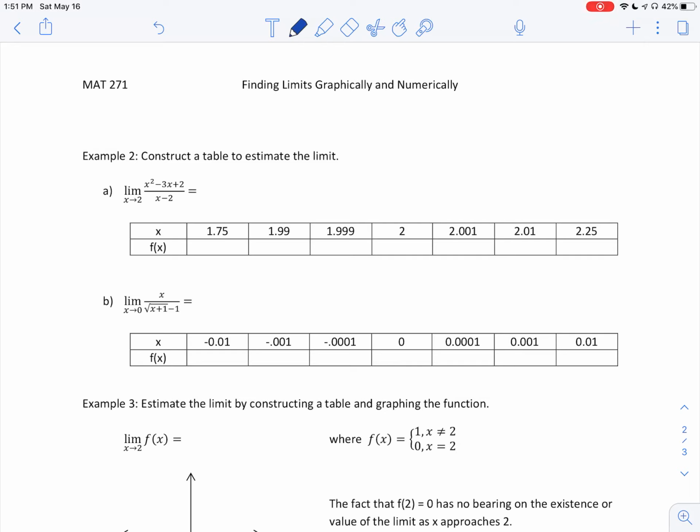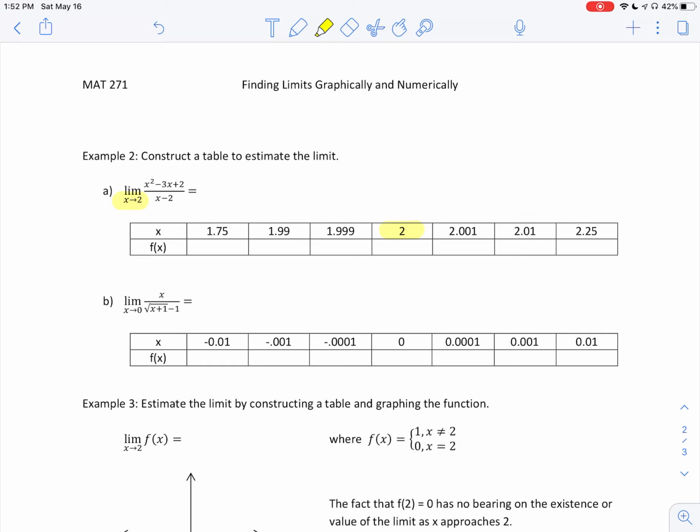Okay. So this next one, we're looking at the limit as x approaches 2 of this function x squared minus 3x plus 2 all over the quantity x minus 2. Because we're looking for the limit as x approaches 2, I've gone ahead and put 2 in the middle of my table right here. Now, like I said above, it doesn't matter what's happening at 2 itself, but it matters what's happening around 2.